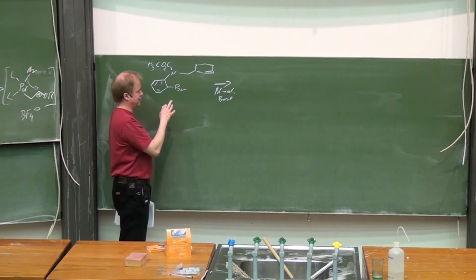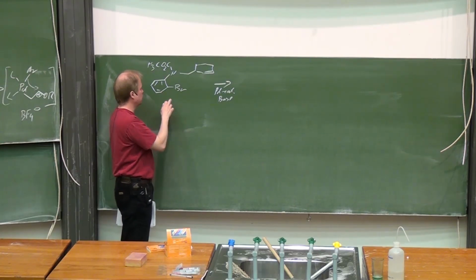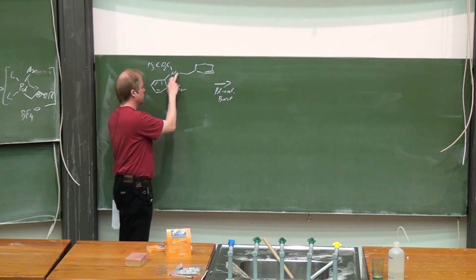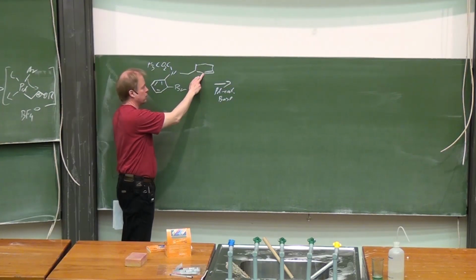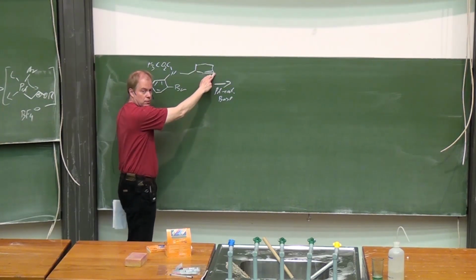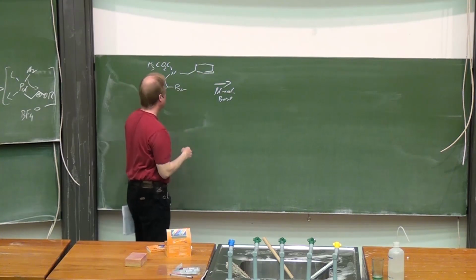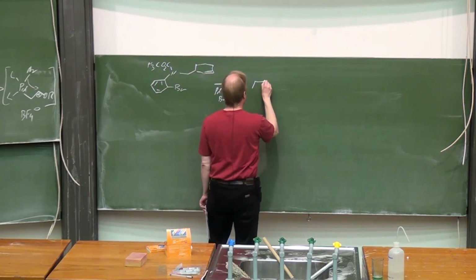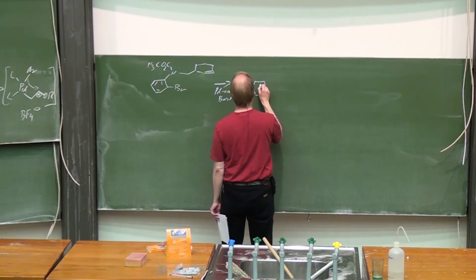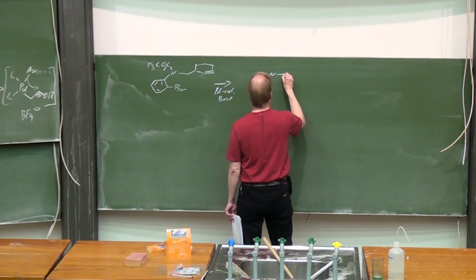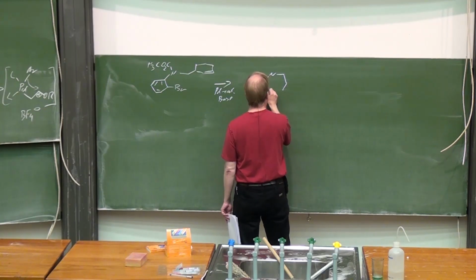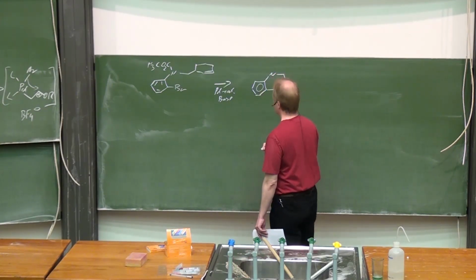First of all, let us just count the positions. 1, 2, 3, 4, 5, 6. A 6-membered ring will be formed, of course preferred to a 7-membered ring to this position. 6-membered will be preferred. So let us draw a 6-membered ring.